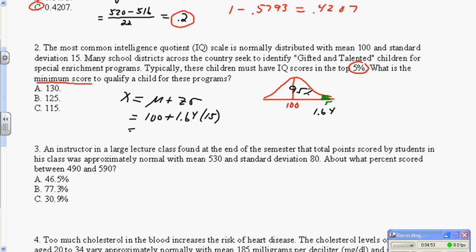And that will give us 124.6, which is very close to this one. Had we used the other value on the table, we would have been about 0.15 different, so not much different.